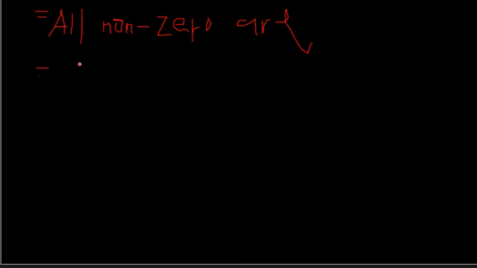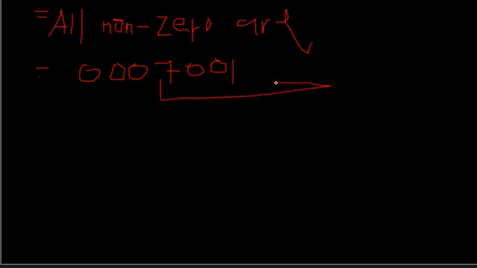The significant numbers only are these ones I have circled here. These zeros in front are not important. When you are asked to read this number, 00070001, it still reads as 7,001, as if there are no zeros in front.